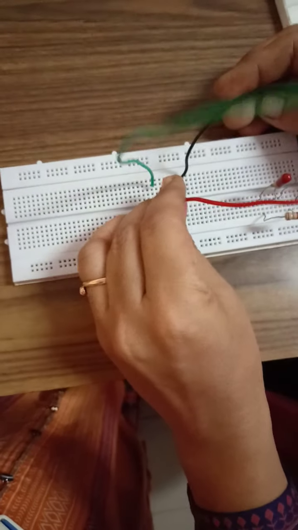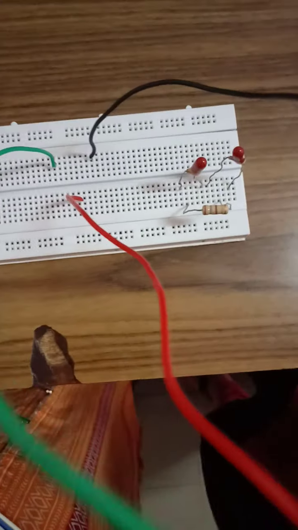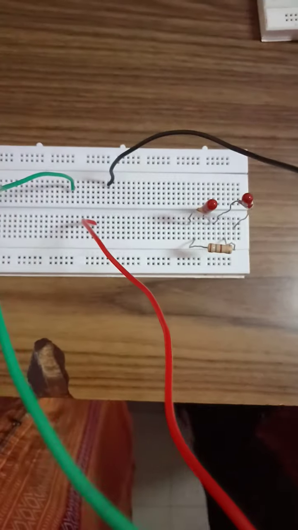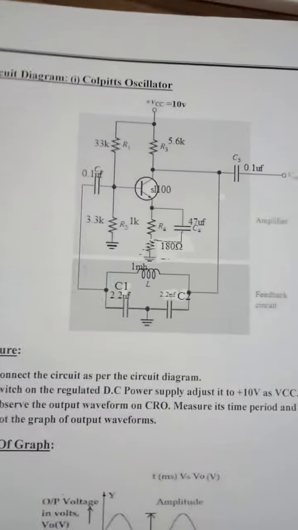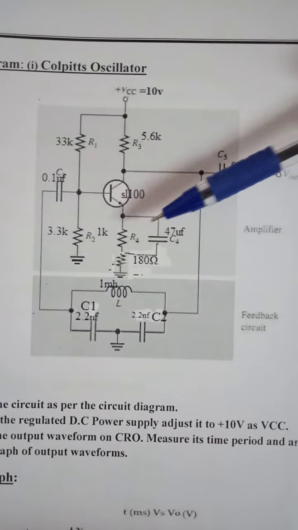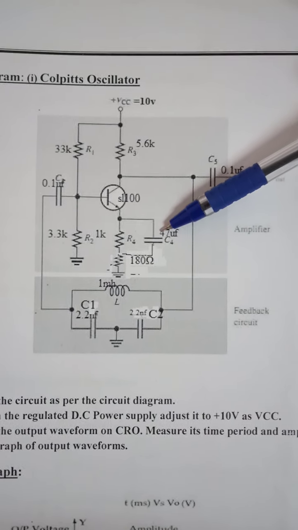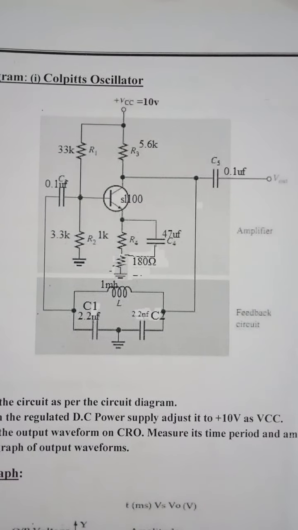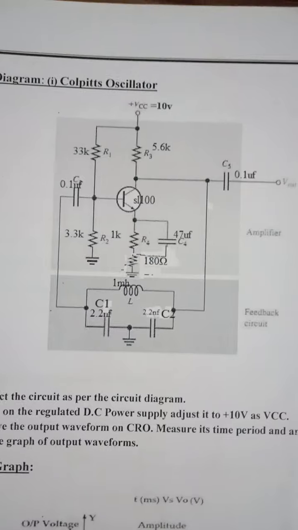Then we will make the connections according to the circuit shown already. This is the emitter of the transistor. You can refer to the circuit diagram once here. To the emitter of the transistor we have connected one resistance, that is a 1 kilo ohm resistor, and across that 1 kilo ohm resistor we have connected a 47 microfarad capacitor. I will make that connection.